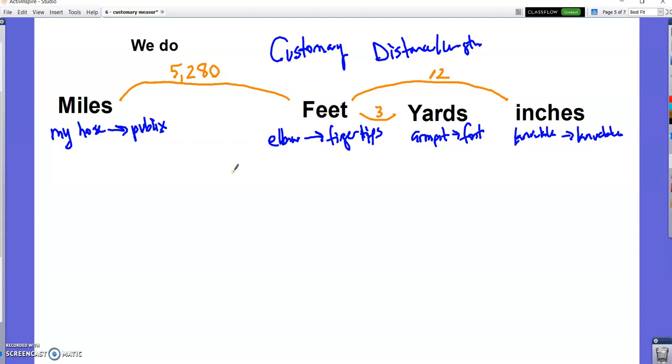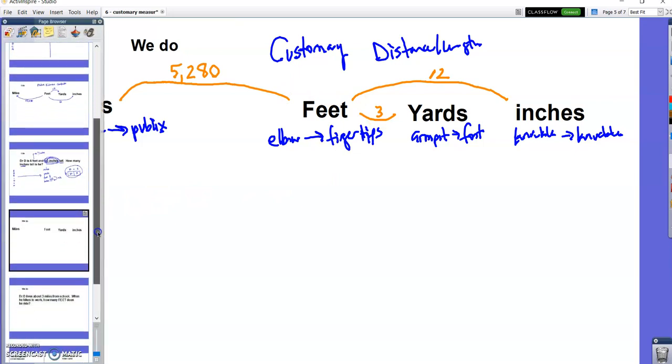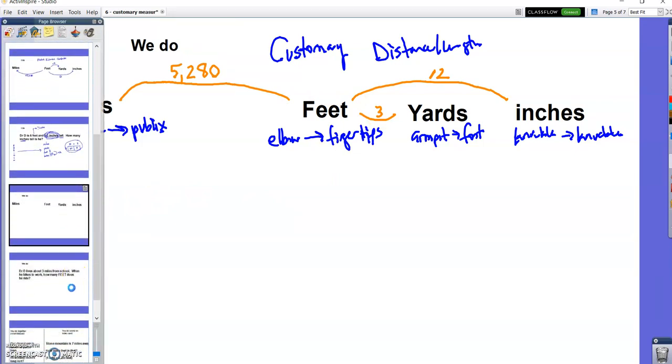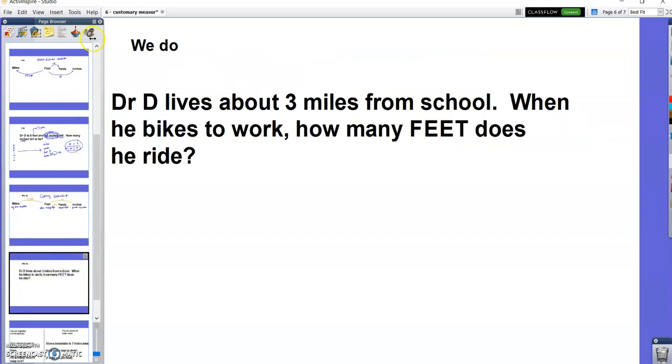And when we do one where that's your math, it's really a pain to do. Multiplying by 5,280 takes a little while. But that's what you have to do, because the customary system's not so simple. Okay? So that's to help you remember what they are and how they work. So now let's do an example. Pause here and write this down, and then we'll work it out.